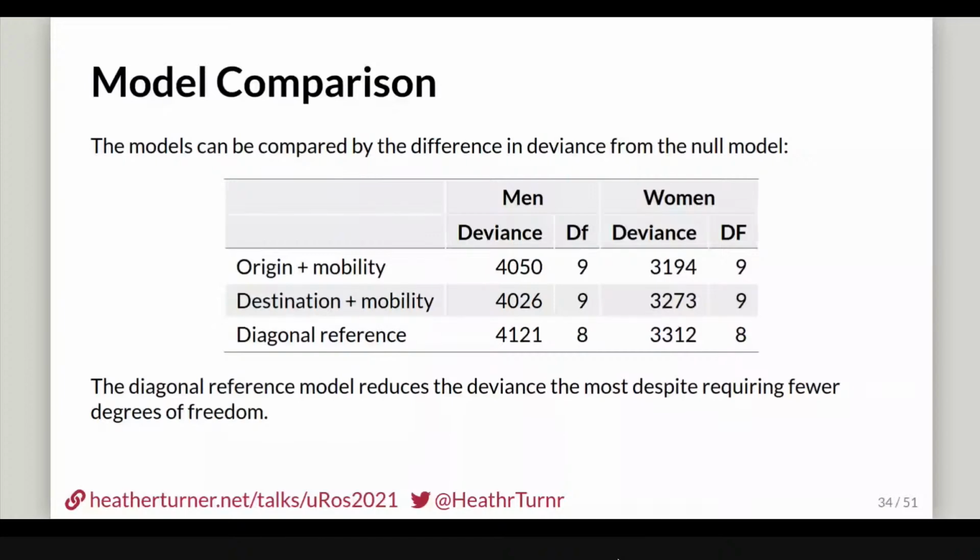And what we see here is that the diagonal reference model reduces the deviance the most, even though it requires fewer degrees of freedom in the model. So again, it's a more parsimonious model, and it's a single model rather than trying to fit two models that capture slightly different parts of the story.